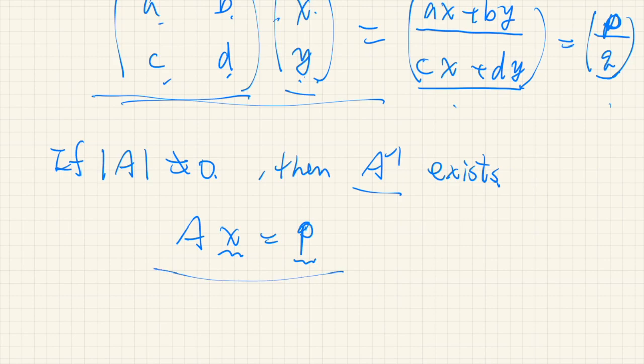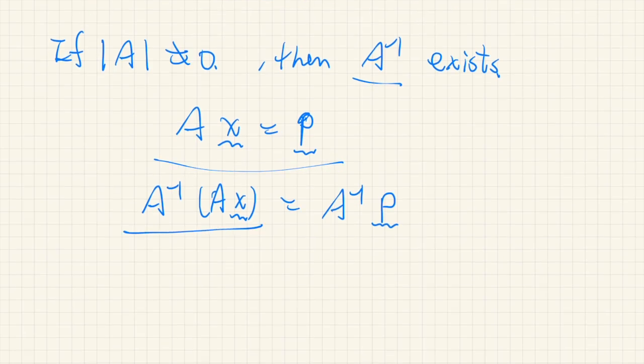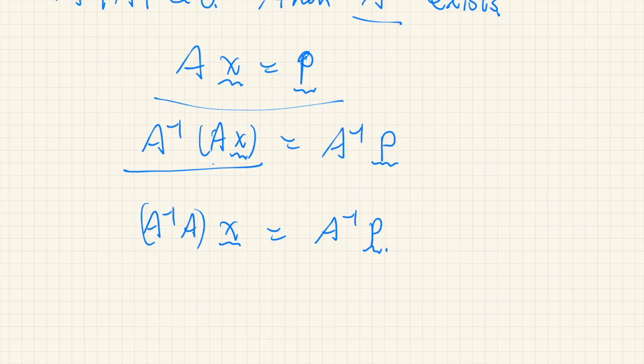If this holds, then we have A inverse AX equals A inverse P. Since matrix multiplication is associative, this is equal to A inverse times A times X. Since we are multiplying A and its inverse, this is equal to the identity matrix.